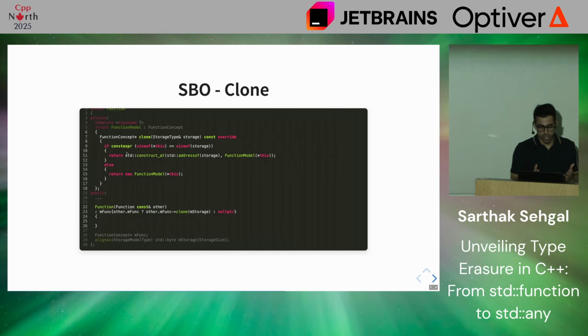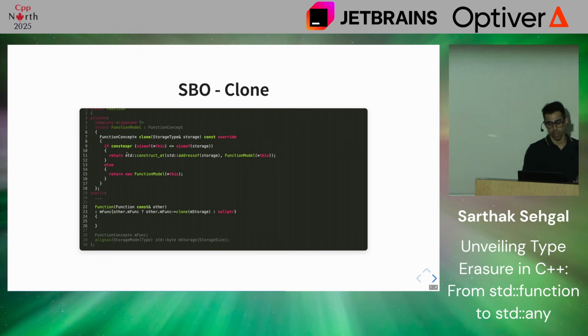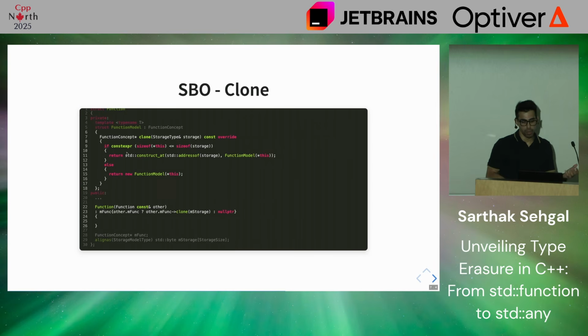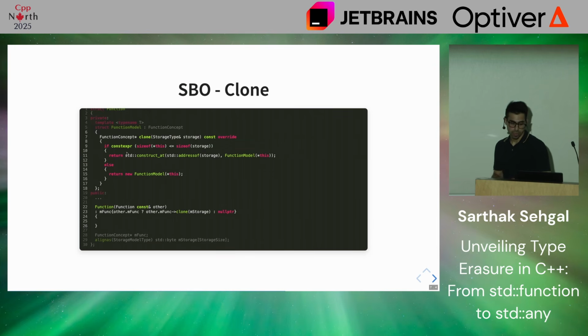So now the function needs to pass the address of the storage when it's cloning, and if the size was smaller than the threshold size, it's going to construct a new element at the address of the storage. Otherwise, it calls the copy constructor and returns a newly allocated object on the heap.